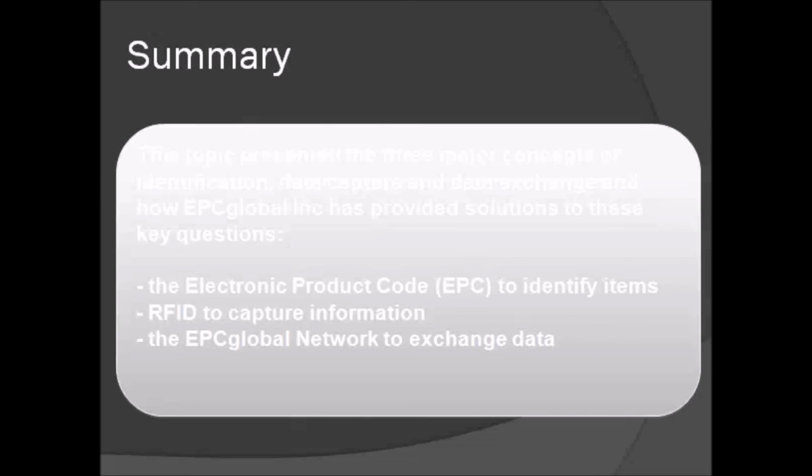So the summary. This topic presented the three major concepts: value identification, data capture, and data exchange. Then also present how EPC Global has provided solutions to these key questions. We can use the electronic product code EPC to identify individual trade items. If you want more information, you can use the RFID system.